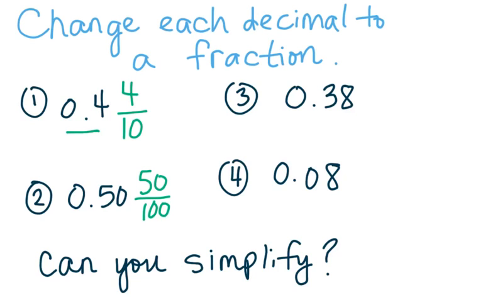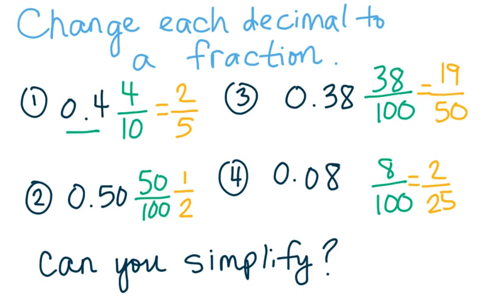Let's finish up. So number 3, 38 hundredths. And number 4, 8 hundredths. All right, so we can definitely simplify all of those. Let me do that, and then you can see the work. Just 1 second. Okay. There are all the answers simplified in yellow. And I'm not going to show you how to do that because with some time, I'm sure you can all figure it out by dividing the top and the bottom by the same number.